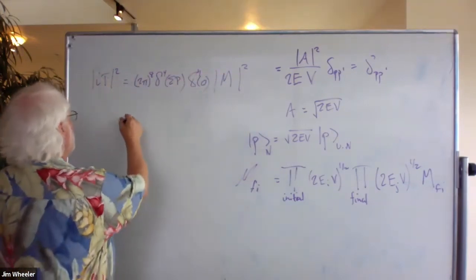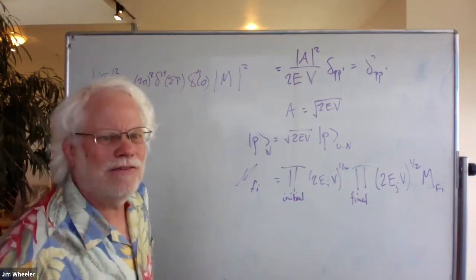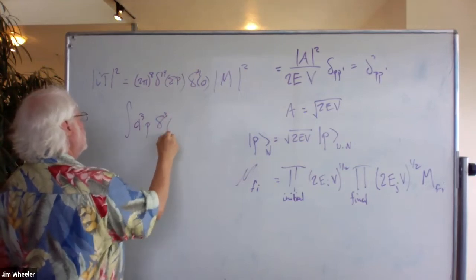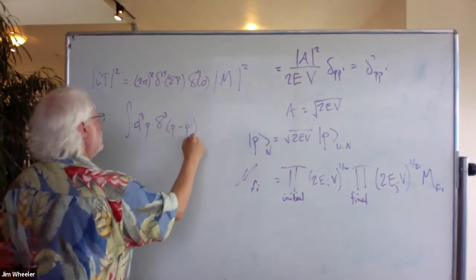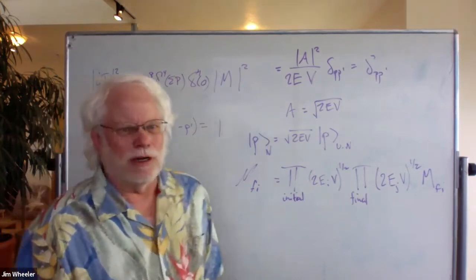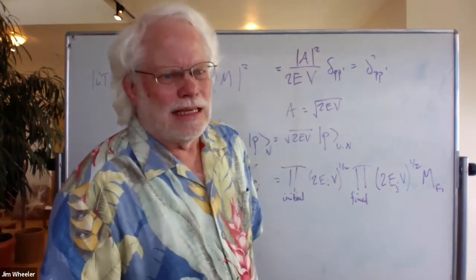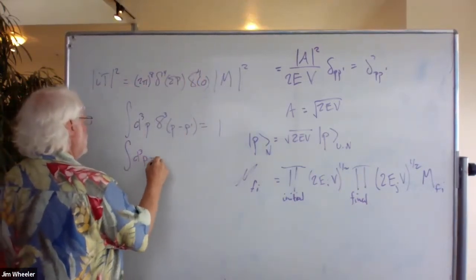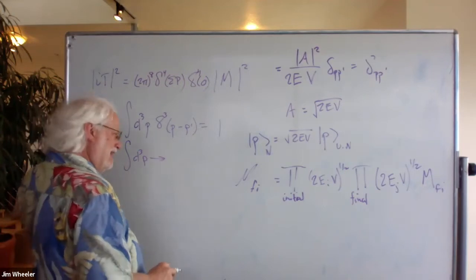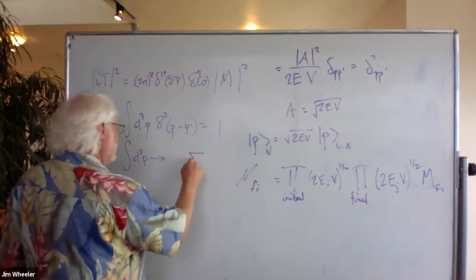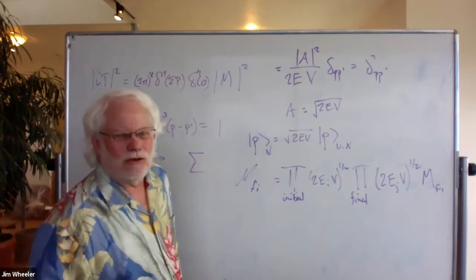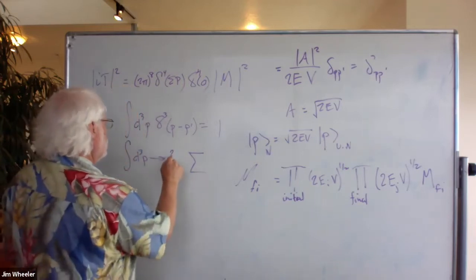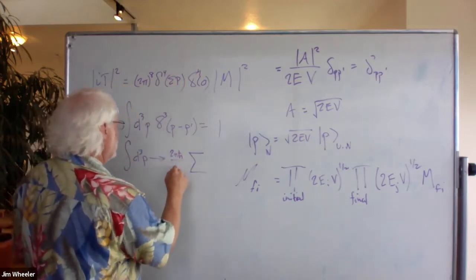So now we have d³p of the δ³ of p minus p prime, right? That's normalized to 1. When we take d³p to be a sum, then it's going to need this normalization, 2πħ over L. So let me write this and I'll tell you why.